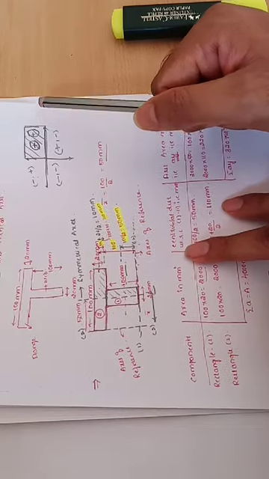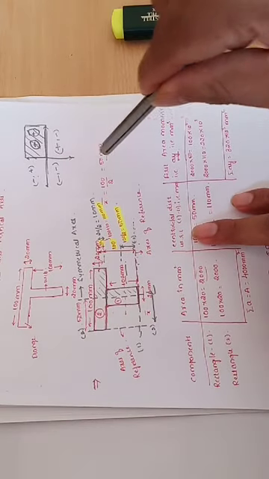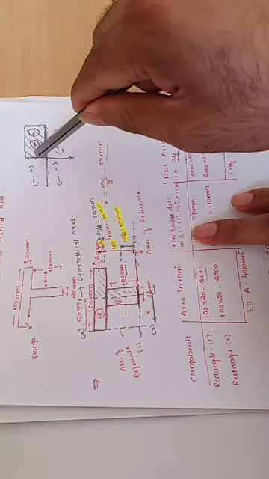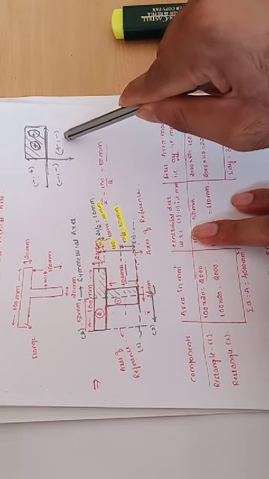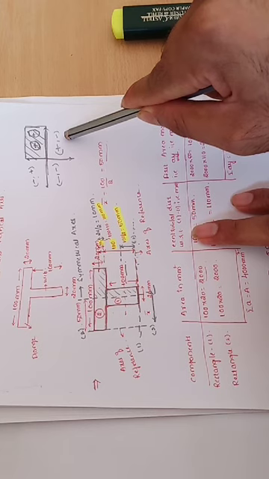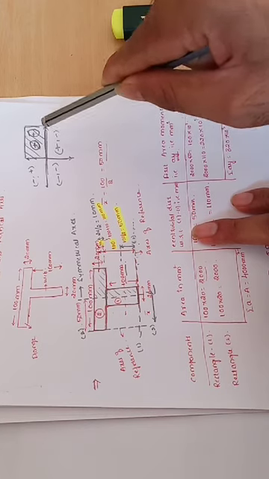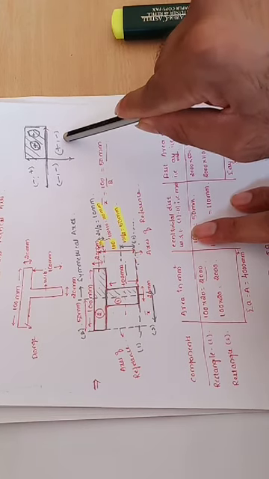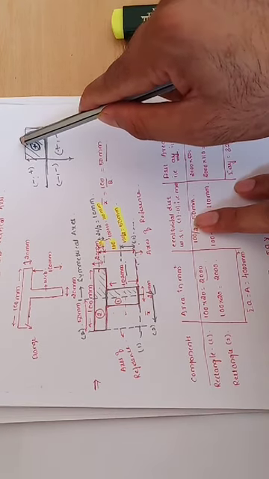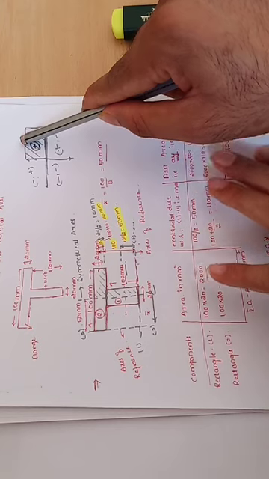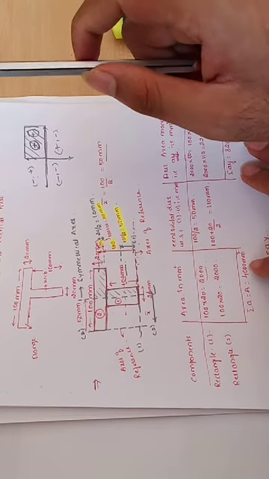Suppose in a problem itself, he mentions the figure in the second, third or fourth quadrant, you have to take the centroidal distance with reference to the quadrant he mentioned. If he has not mentioned anything, you have to go for the first quadrant and calculate the x bar and y bar distances.